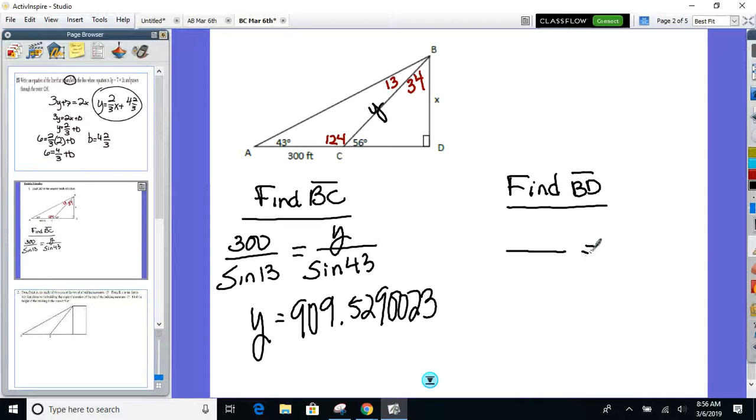I'll do double law of sines here. Just make sure all angles and sides come from the same triangle. Use the full answer from BC.